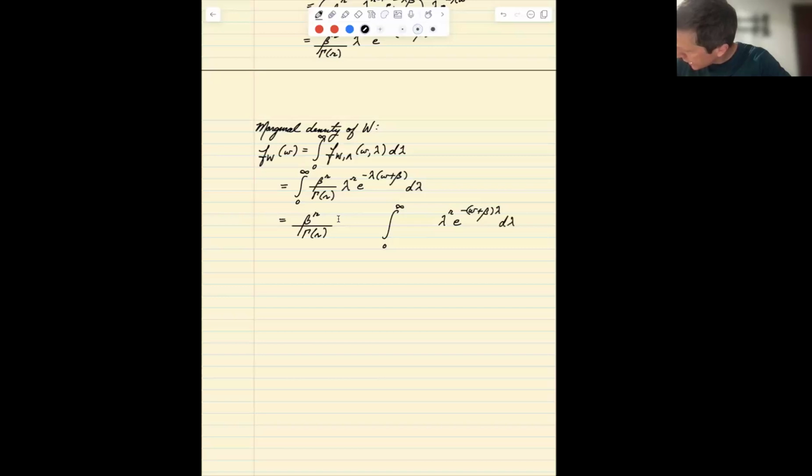So this kind of looks like, does this look like a gamma distribution?